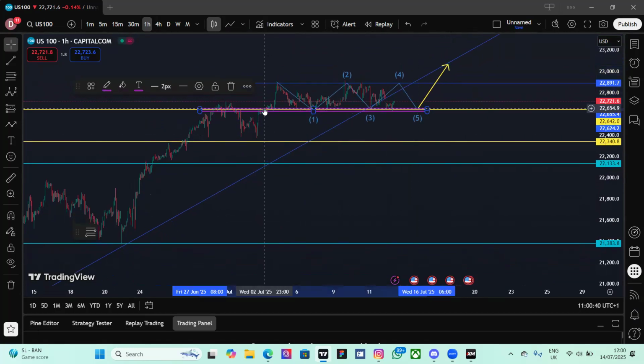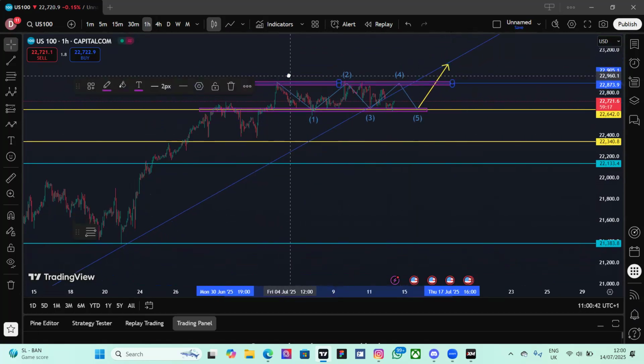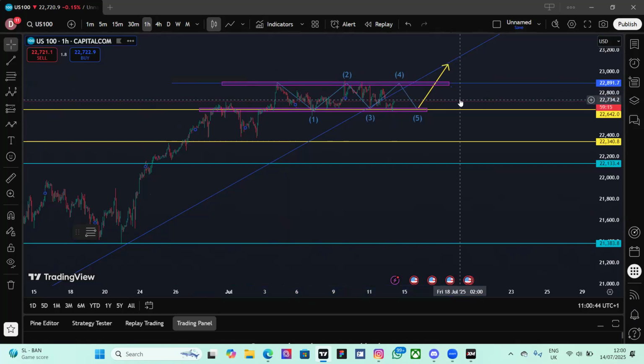This is a very crucial resistance zone, which is right here. So be wary of that, because we could potentially see a retracement around here and a push straight back down to 22,642. But I honestly think that there is quite a bit of room for it to move in.